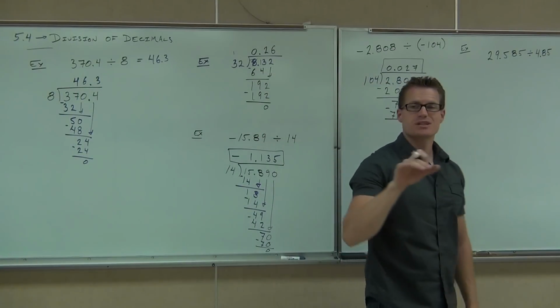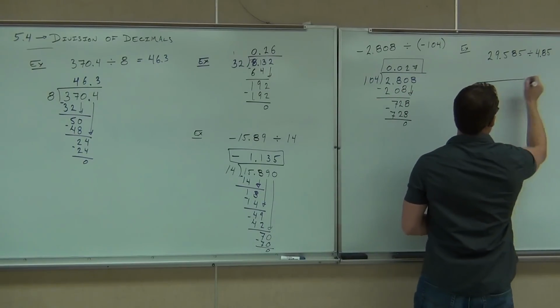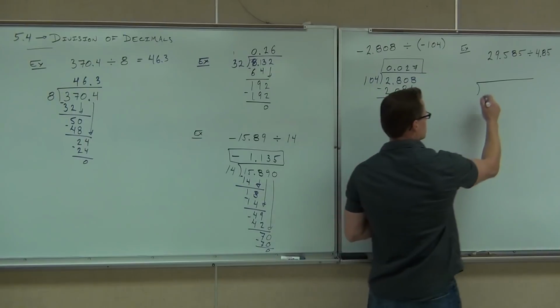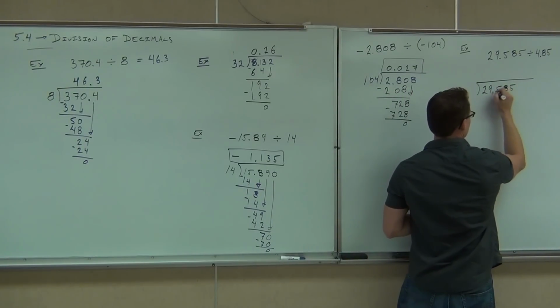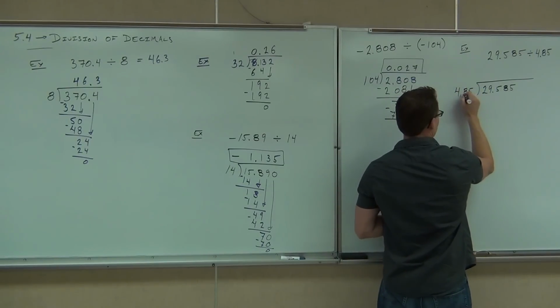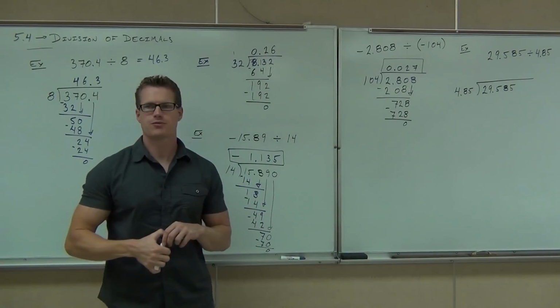Let's set this up the same way we did these other problems. So the first thing we'll do is make a division problem like this. Can you tell me what number is going to go on the inside? 29.585. And 4.85.